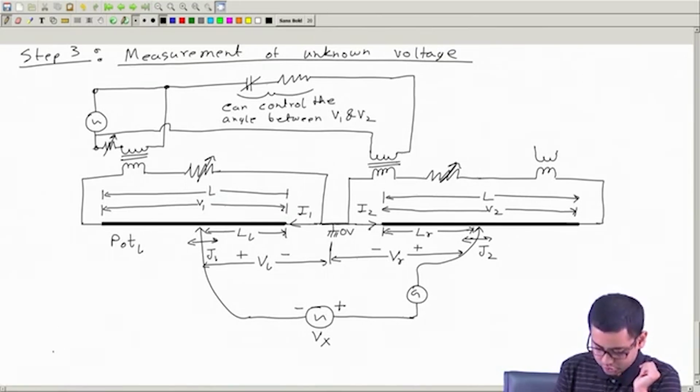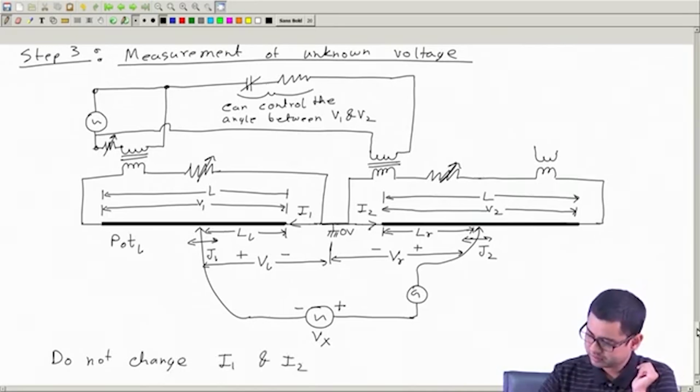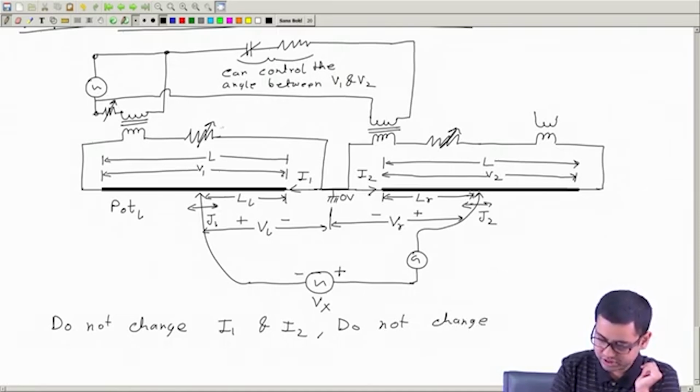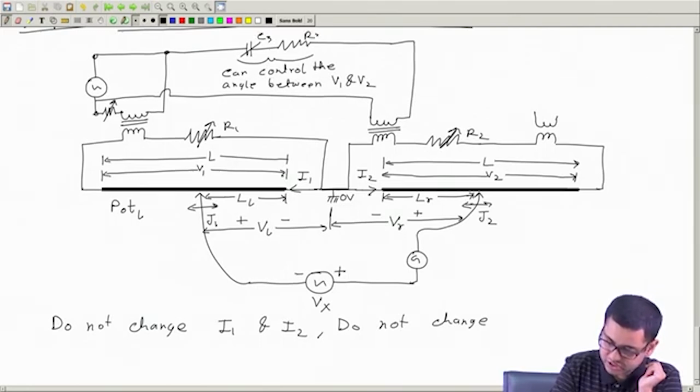So, do not change I1 and I2. That means do not change anything. So, this is R1, this is R2, C3, R3.